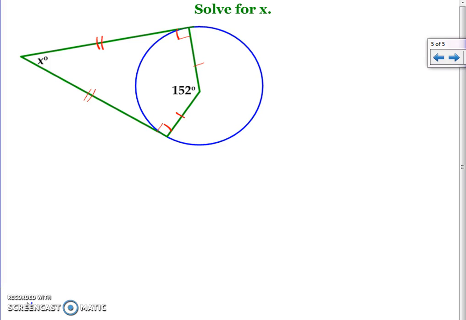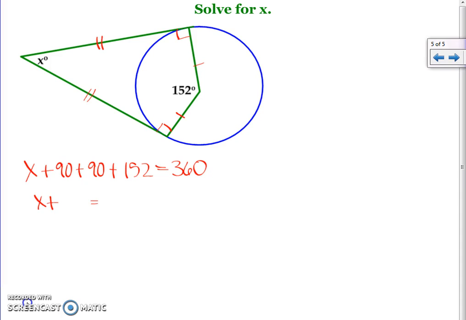What shape is this green thing? It's a quadrilateral, but more specifically, a kite. Okay, so we have a quadrilateral that's named a kite. What do the angles add up to? 360. Okay, so we've got x plus 90 plus 90 plus 152. That has to equal our grand total of 360. So what do we got here?